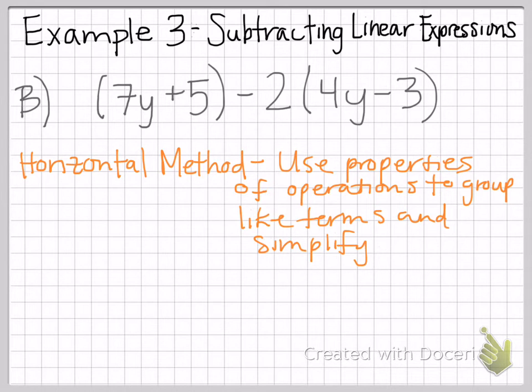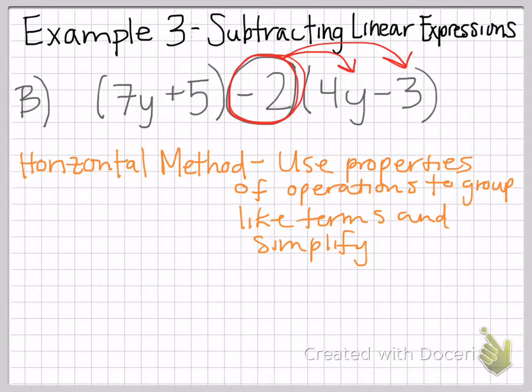First things first. What am I going to do? It starts with a D and rhymes with distributive property. It's distributive property. Okay, so I am going to distribute this negative 2 times the 4y and times the negative 3.